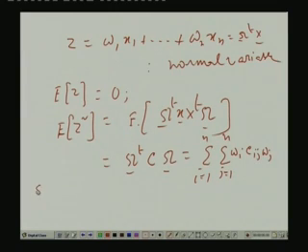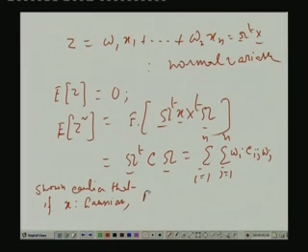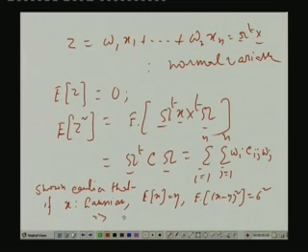We had shown earlier that if x is a single Gaussian or normal variable, E of x is not 0 but some eta, and E of x minus eta whole square is sigma square, then the corresponding characteristic function for this Gaussian case was shown to be e to the power j eta omega times e to the power minus omega square sigma square by 2. This you have seen earlier.